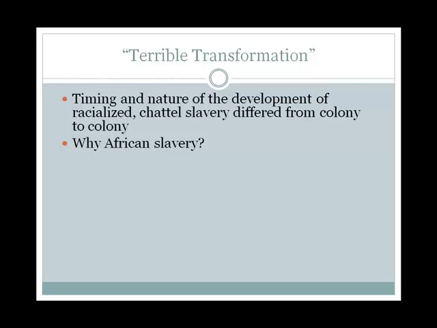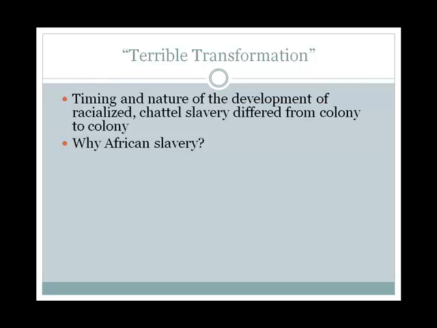If we take it from the point of view of the English, why not the English? It's because by the mid to late 1700s, it's becoming harder to get English laborers. English servants in the colonies were demanding shorter terms, better working conditions, and suitable farm labor when their terms ended.